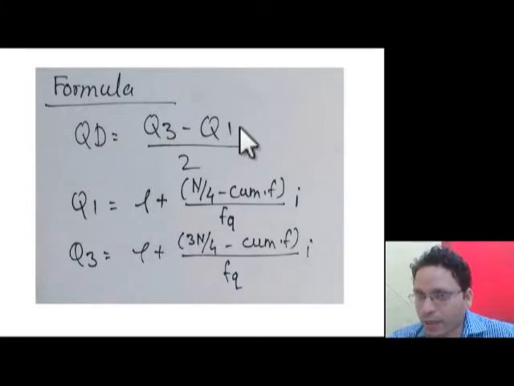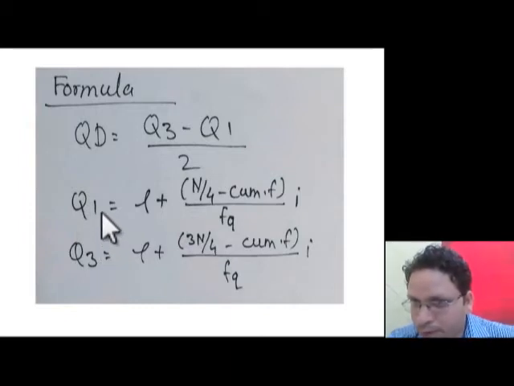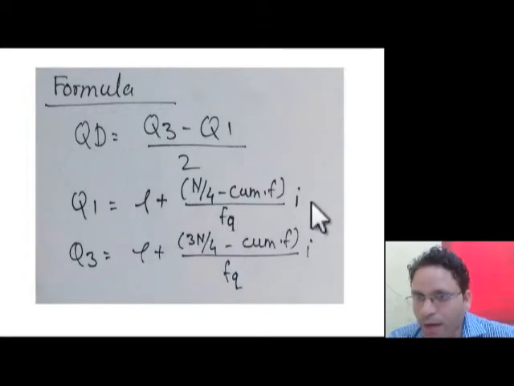Now how to get the value of these? There is a formula given here. Q1 is L plus n upon 4 minus cumulative frequency upon f, times i. This is the formula for calculating Q1.